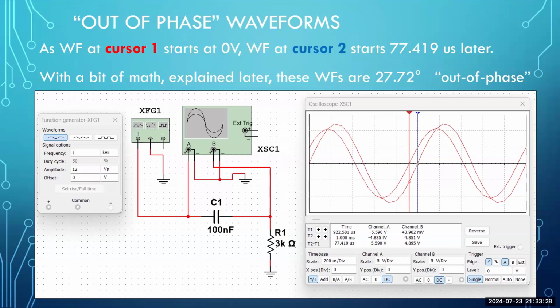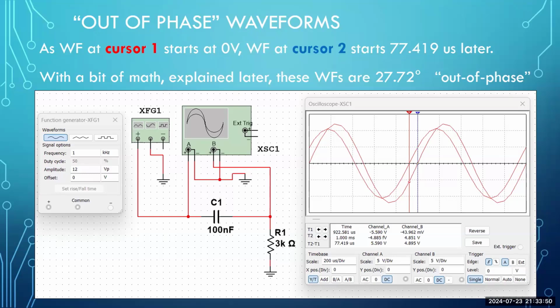between the two waveforms. And I'll get into the math with you later, but we simply read this in seconds, actually, as time is in units of seconds. Time can also be measured in units of degrees. But in terms of seconds, clearly we have 77.419 microseconds.